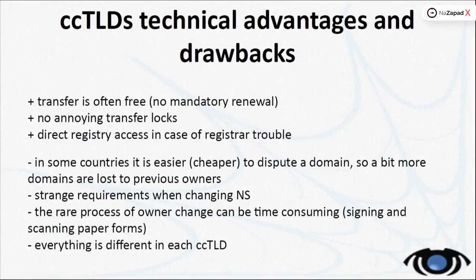If you have to change owner, basically you don't have to for PBNs because Whois is hidden after GDPR, but if you do have to change owner, you sell a domain or something, they are signing paper forms and other annoying stuff, but as I said, this is a rare thing. And the most annoying thing, everything is different in each ccTLD.